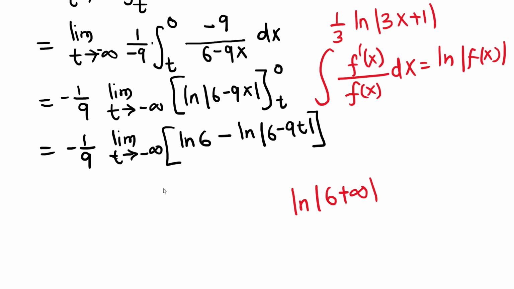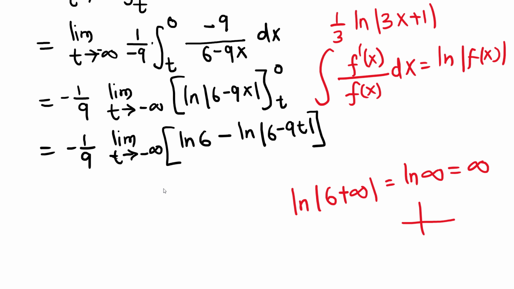You can think of negative 1 trillion multiplied by 9; the negative times negative means plus. It's still very big, and 6 plus big is still big. So this is natural log of very, very big, and natural log of very big is very big. In the limit sense, because we cannot work with infinity, natural log of very, very big is very big.